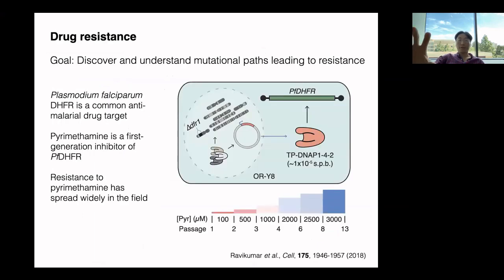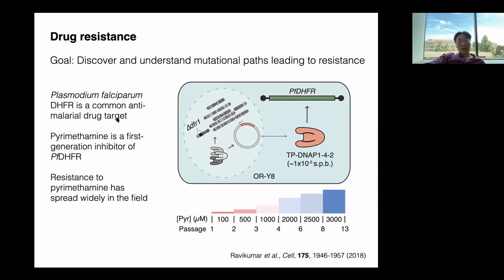First, I want to show you the first experiment we did with Orthorep, which was, in retrospect, a reasonably straightforward experiment where what we were trying to do was just predict how mutational paths create resistance in this drug target, DHFR. So DHFR is a common drug target for all sorts of pathogens, including malaria, Plasmodium falciparum.